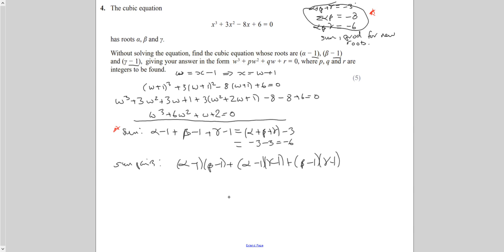Okay. And then you have to do a little bit of multiplying out and expanding, and you can discover that that's the sum of the original roots in pairs, take away 2 lots of sum of the original roots plus 3 and get that to 1.